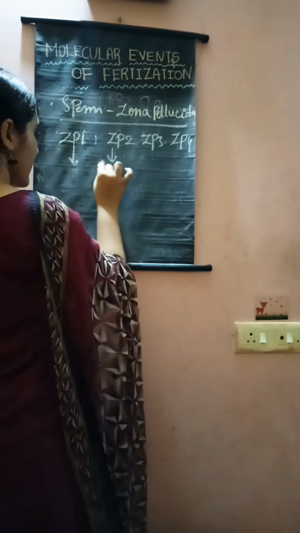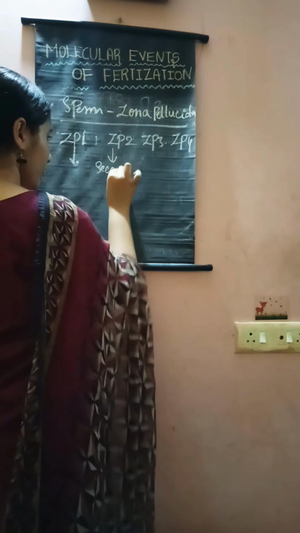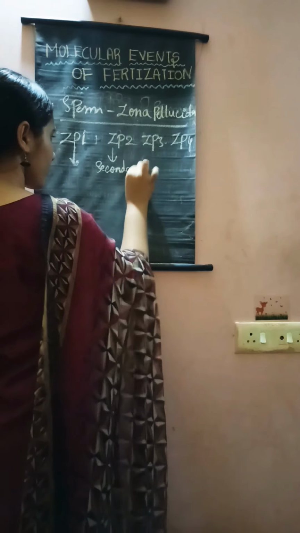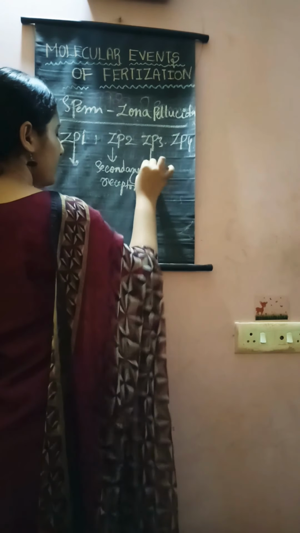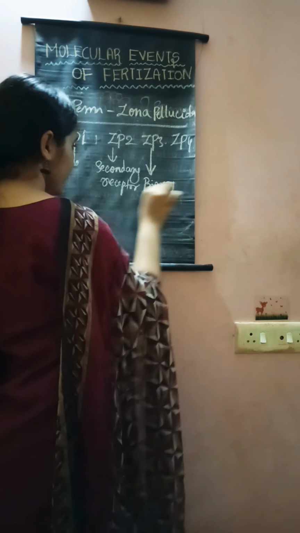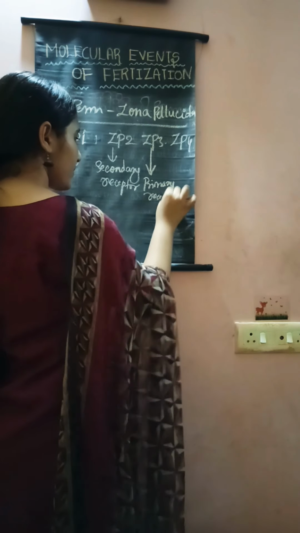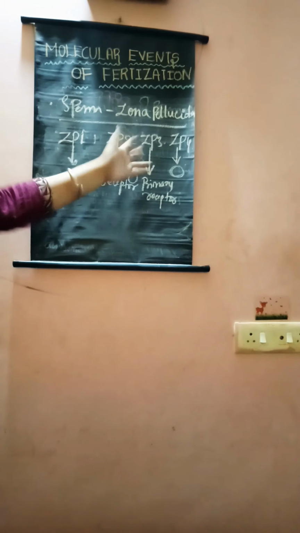ZP2 acts as a secondary receptor for the sperm. ZP3 acts as a primary receptor for the sperm, and ZP4 forms a protective barrier for the oocyte.